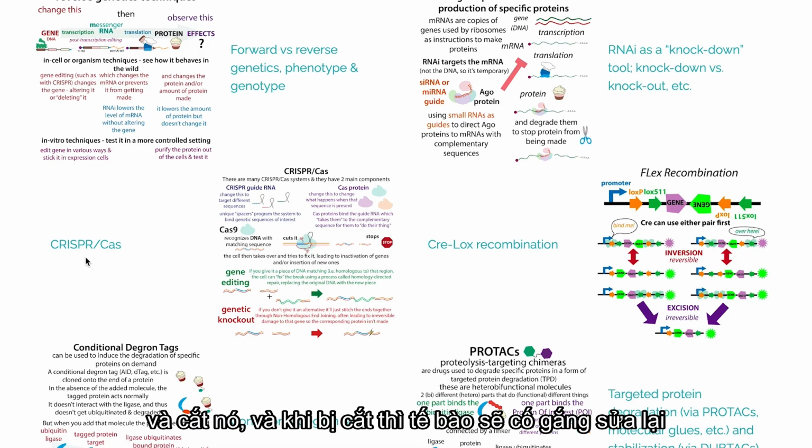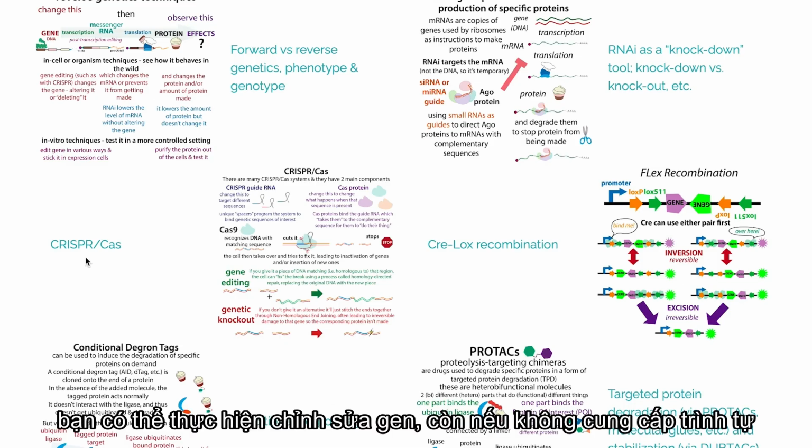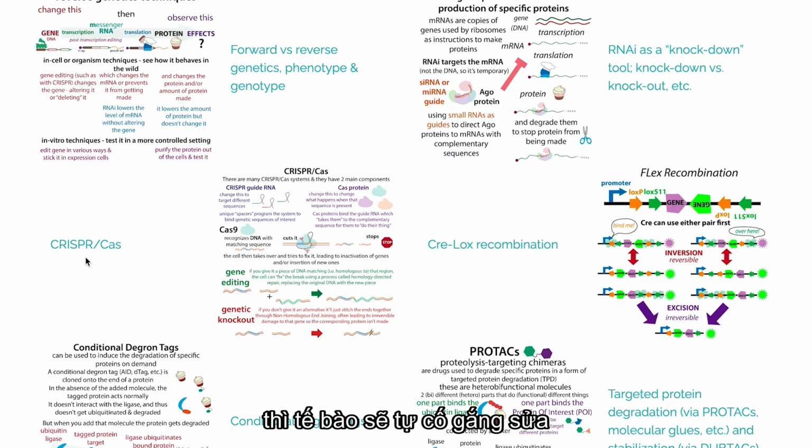And when it gets cut, then the cells try to fix it. And so if you give them a sequence that they can put in its place, you can get gene editing. And if you don't give it a sequence, then the cells will try to fix it themselves. And if they don't do it right, then you will get errors that are going to mean the protein can't get made from it.